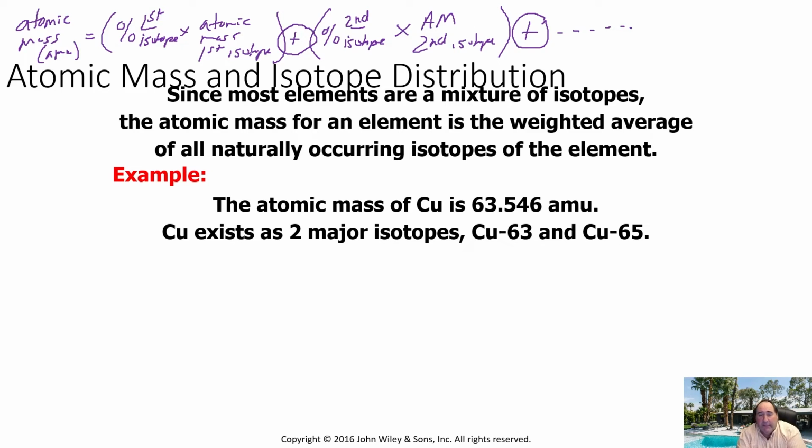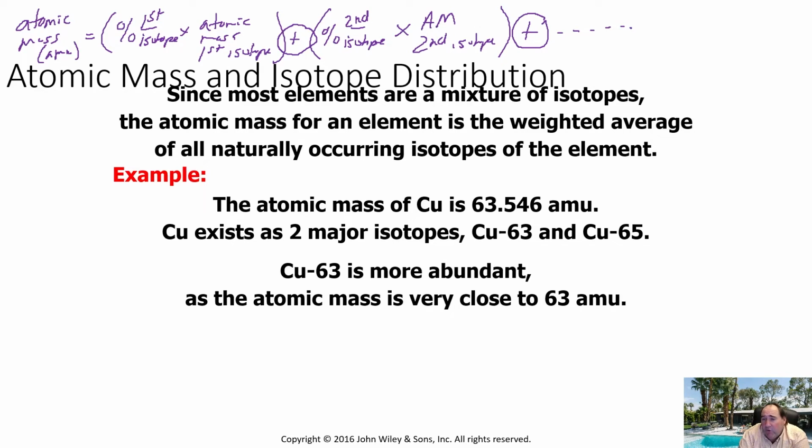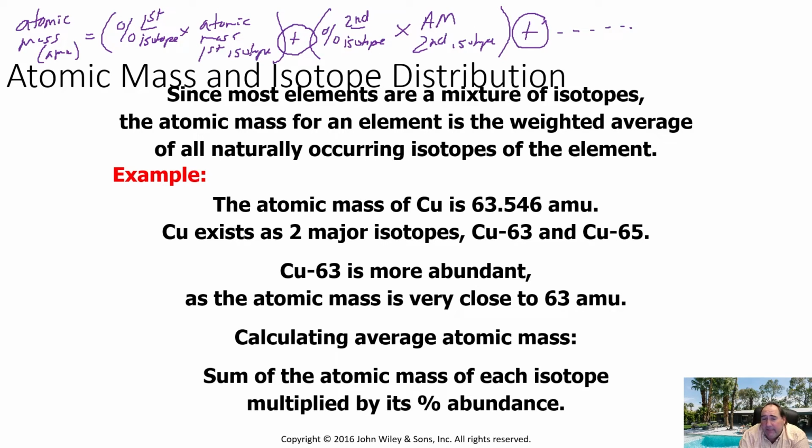So for example, here, the atomic mass of copper is 63.546 AMU. It exists as 2 isotopes, copper 63 and copper 65. Copper 63 is more abundant and has an atomic mass close to 63. Calculating the average atomic mass and adding them together will give us our atomic mass.